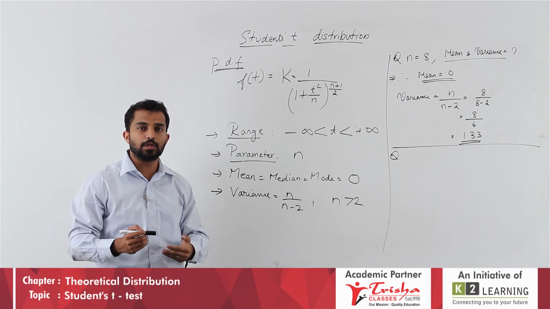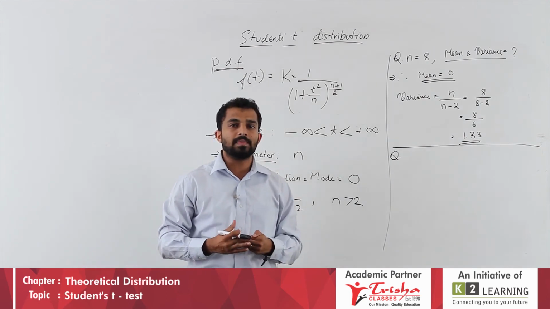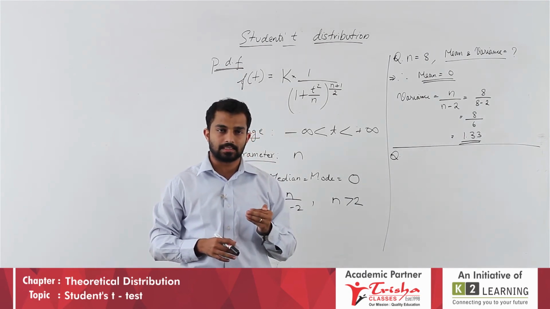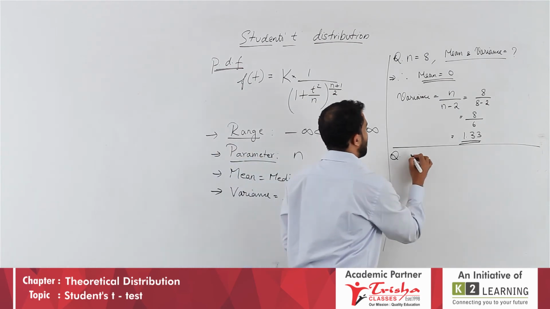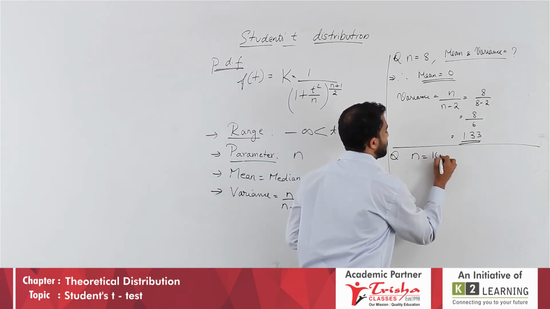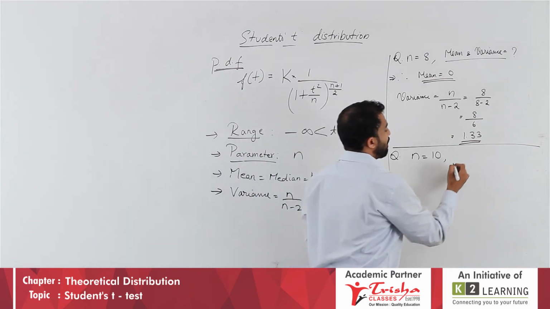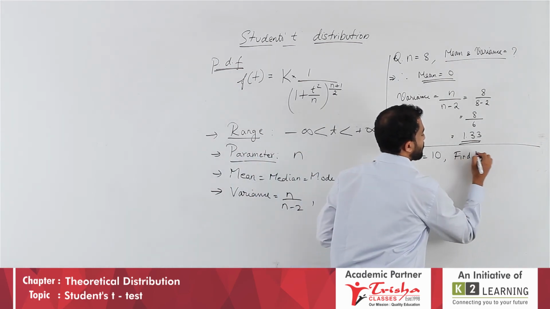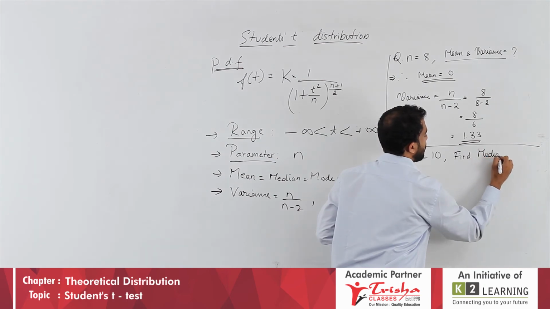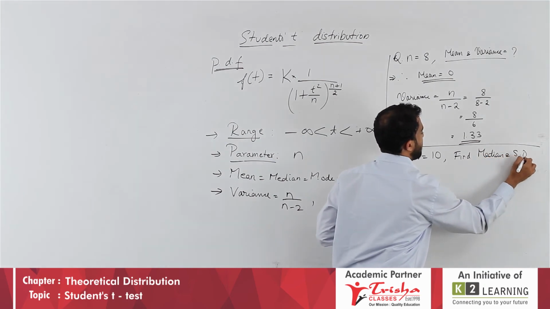When they say the parameter is 10, they are indirectly telling you n is equal to 10. Imagine they ask you to find the median and standard deviation.